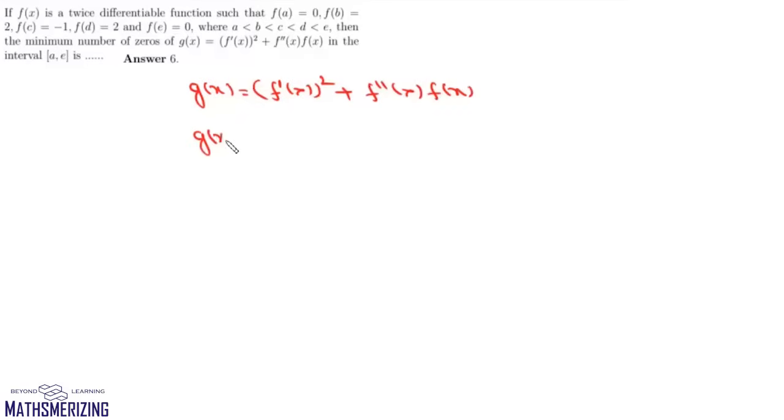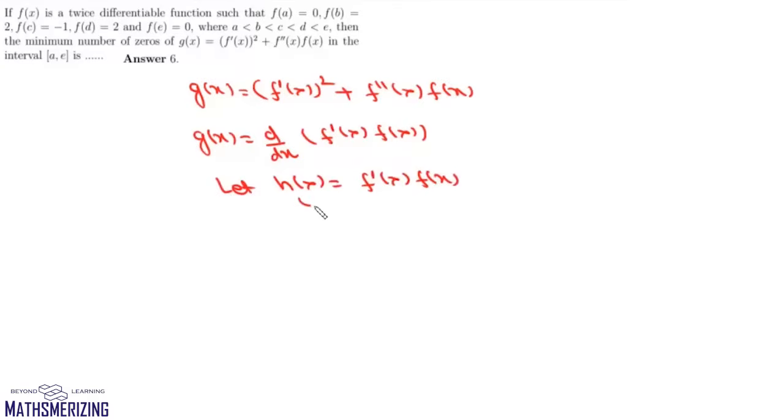Now we can write this gx as d by dx of f dash x into fx. So if we take this as some function hx, which is f dash x fx, first we will find the minimum number of roots of hx in this interval.